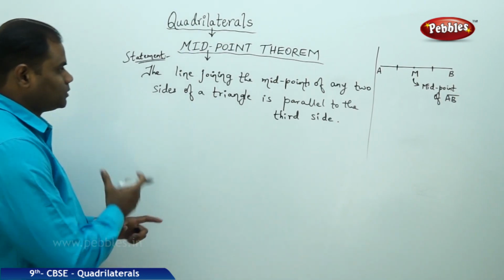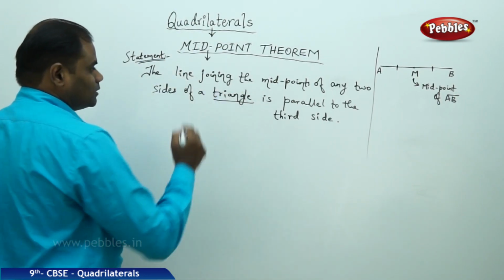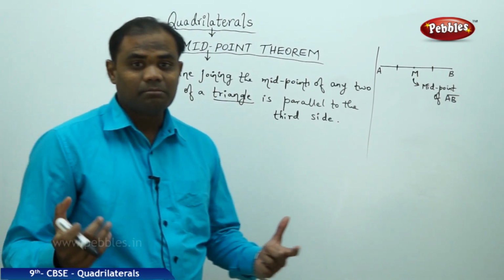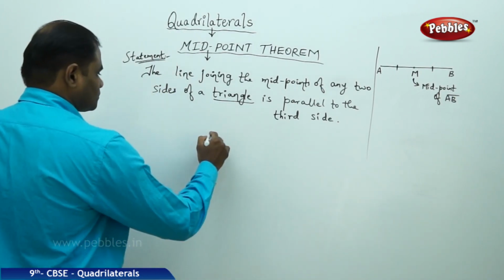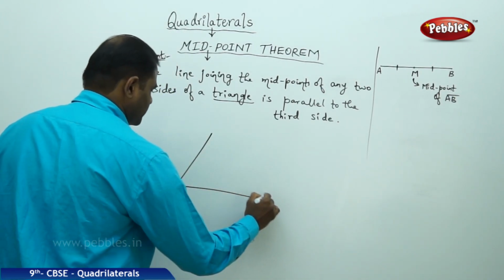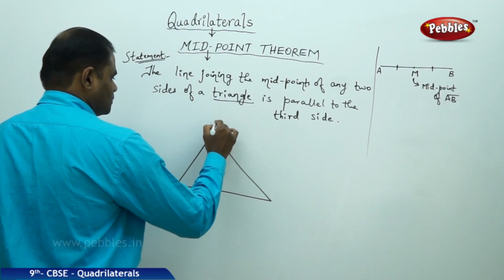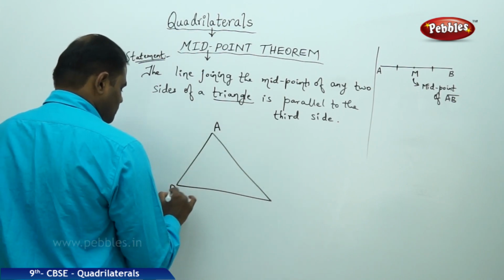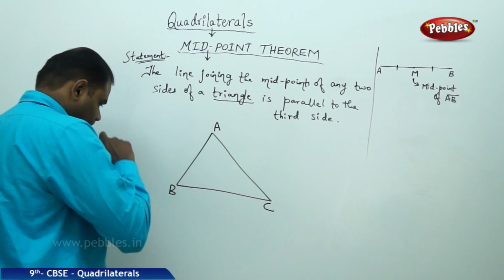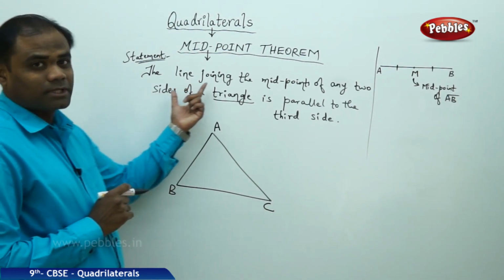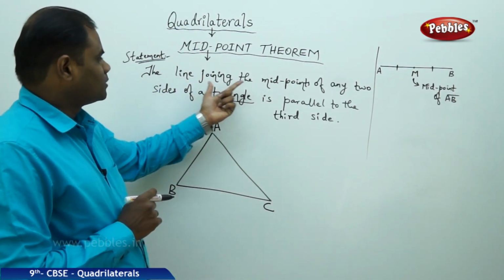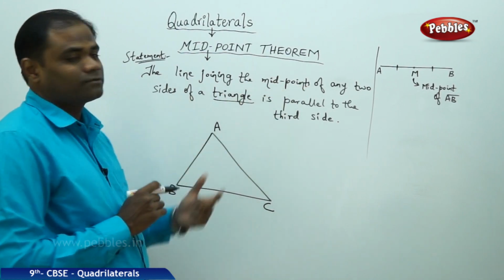Now this whole theorem is related to a triangle. So let me take a triangle ABC. So here is the triangle A, B and C. Now the theorem says the line joining the midpoints of any two sides of a triangle.